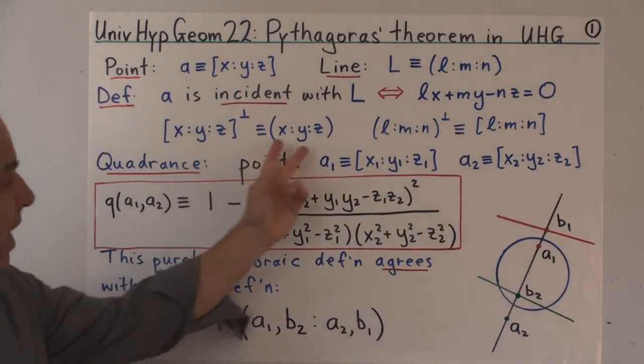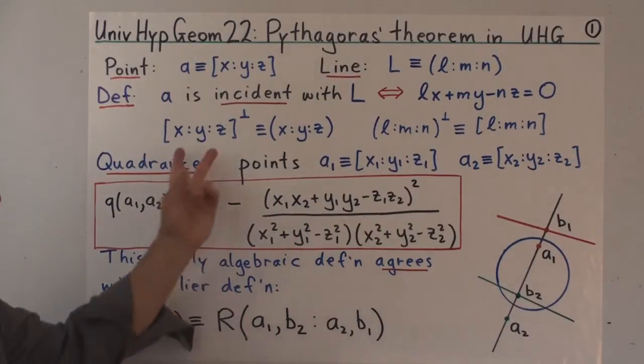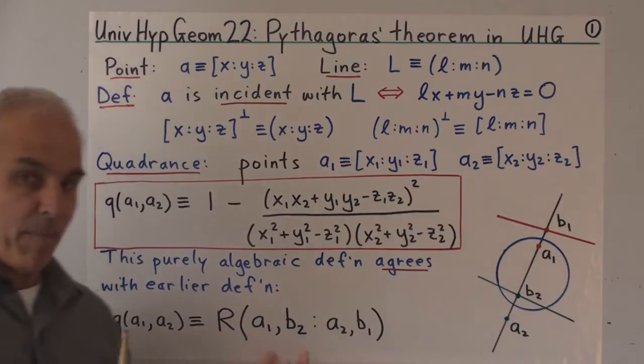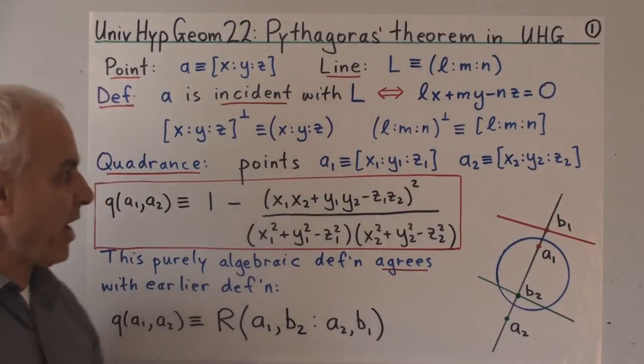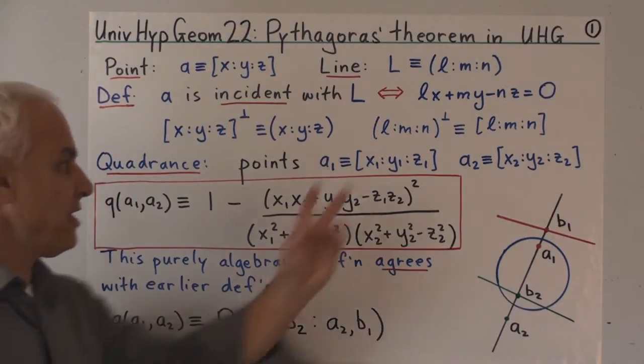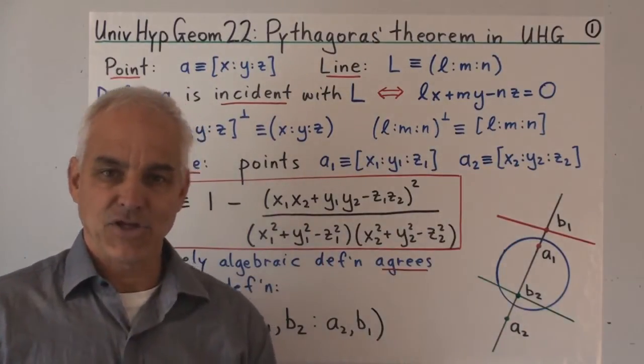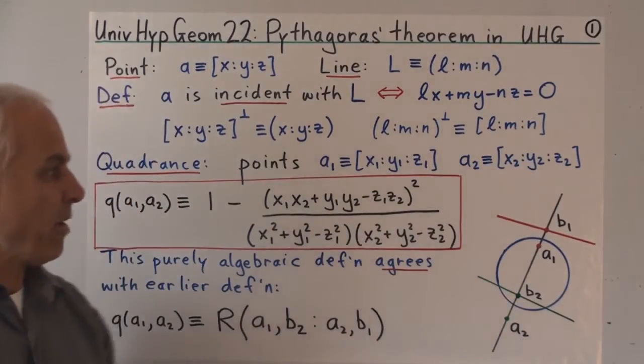We also have a notion of duality between points and lines. So if there's a point, its dual is the line just obtained by swapping the square brackets for round brackets. And similarly, if we start off with a line, then its dual is the point obtained by just swapping the round brackets for square brackets.